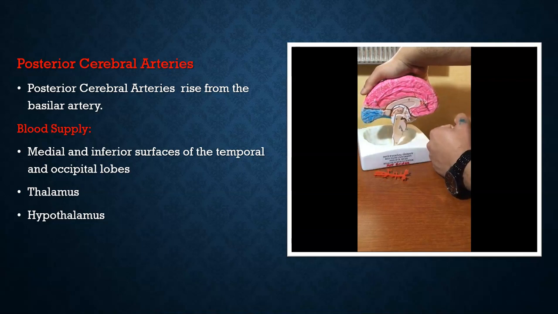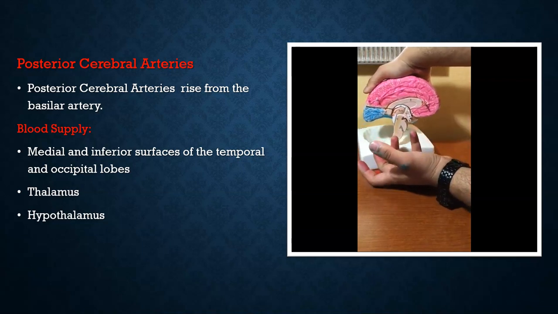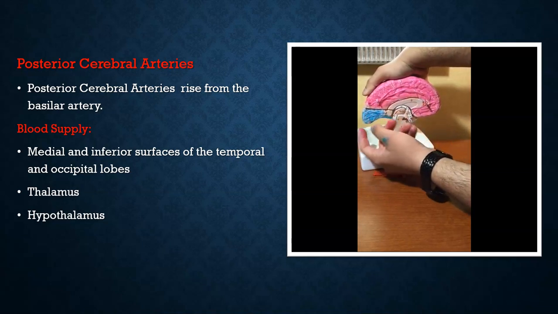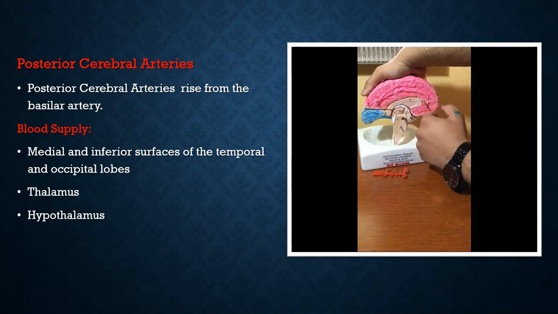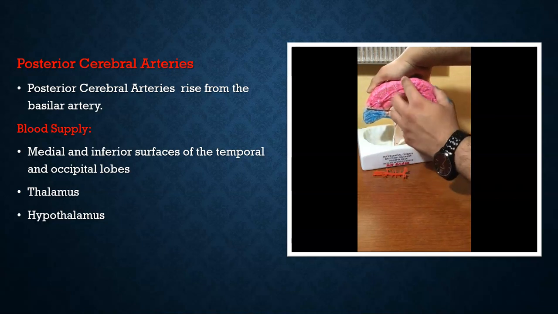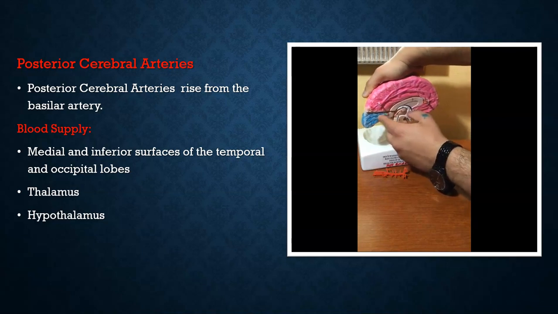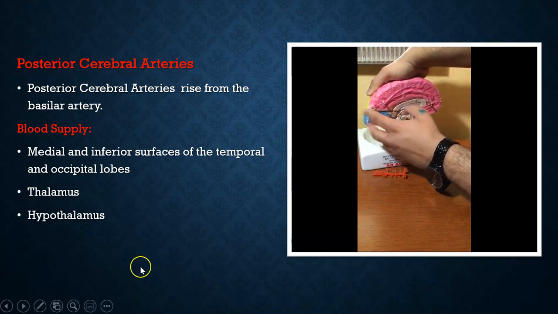Now this is the medial aspect of the brain. You cannot see MCA blood supply here because it supplies more interior, deep structures of the brain. The ACA supplies blood to the medial aspect of the frontal and parietal lobe, and the PCA supplies blood to the occipital lobe, the medial part of the occipital lobe.